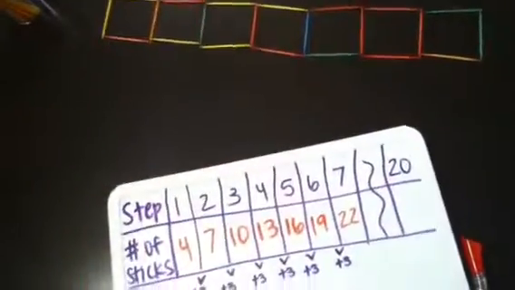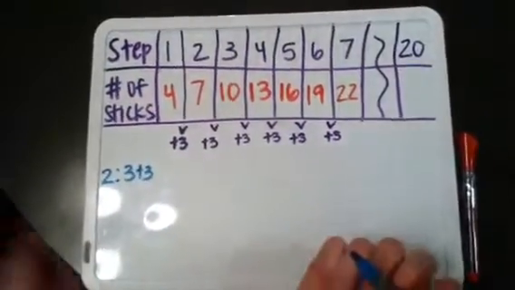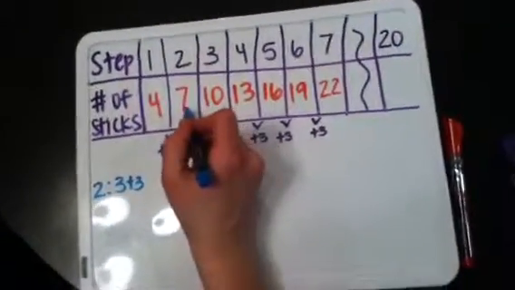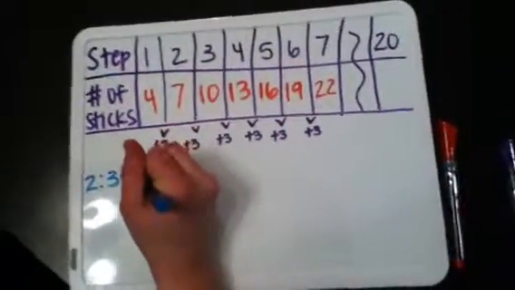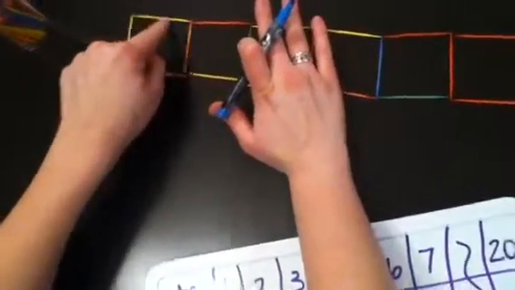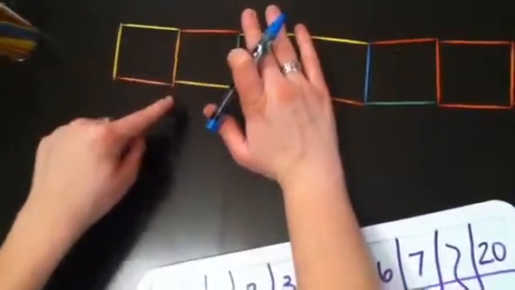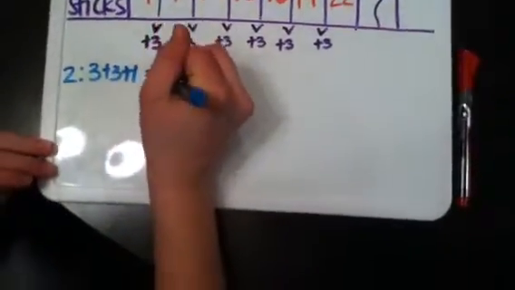So with 2, we had 3 popsicle sticks, and then 3 more. So 3 plus 3 is 6, but our number's 7. Remember that the first time we had 4, so we need to add 1 more. Let's count that just to make sure. 1, 2, 3, 4, 5, 6, 7. 3 plus 3 plus 1 equals 7.